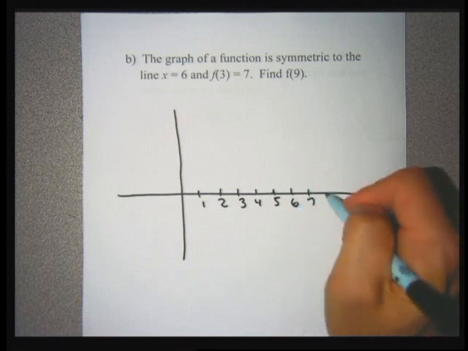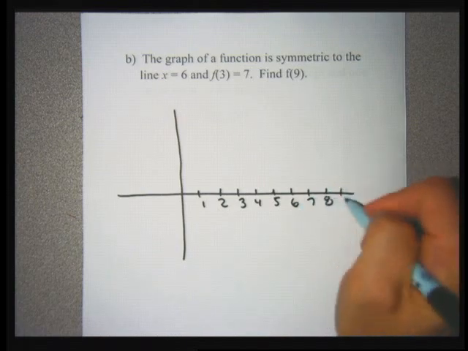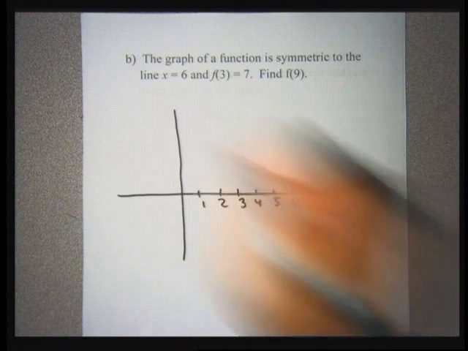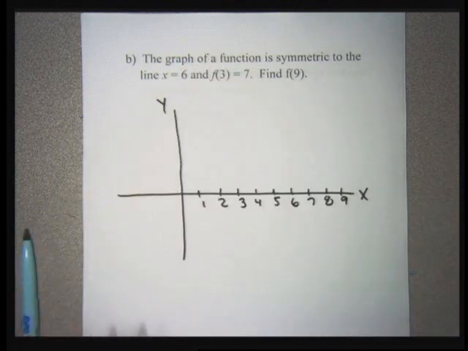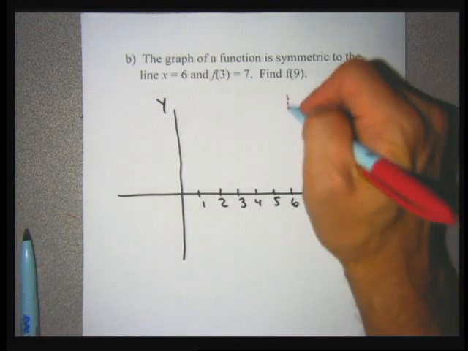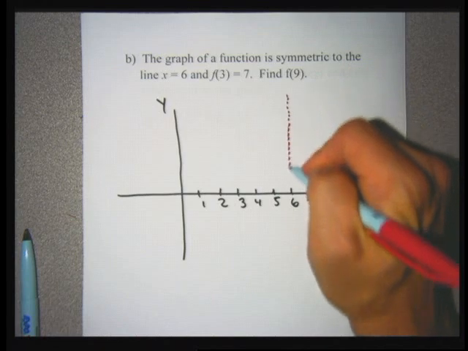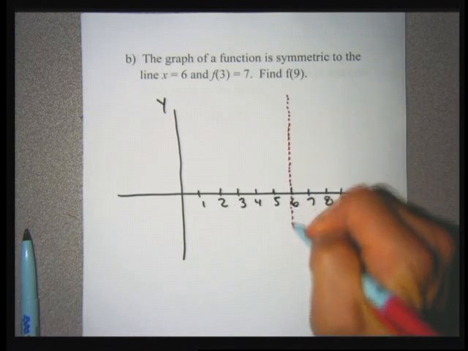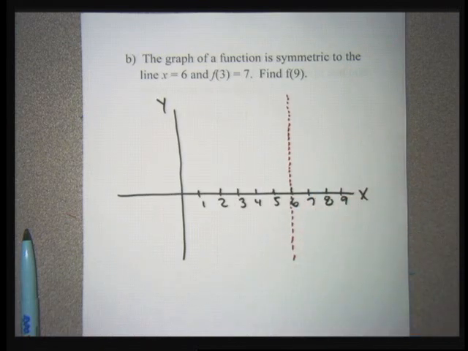Ultimately, I'm asked to find f of 9, so I'm making my x-axis go to 9. And I'll draw my line of symmetry that goes through 6 on the x-axis. Again, I'm making it a dashed line just in case my red doesn't look so red. I don't want it to look like the y-axis again.